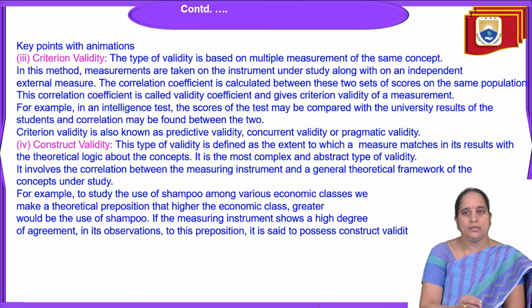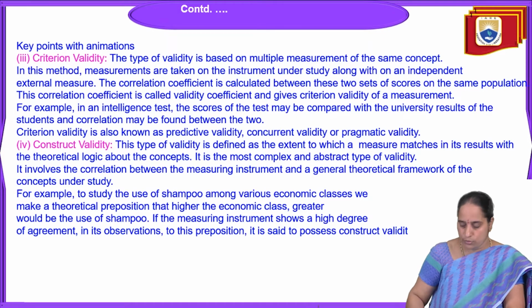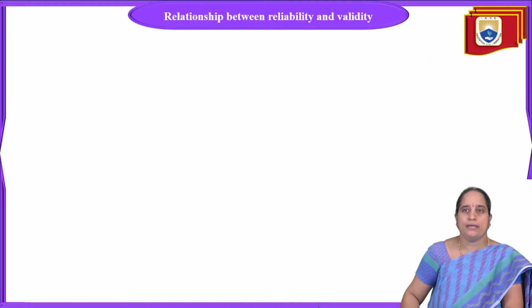If the measuring instrument shows a high degree of agreement in its observations to this proposition, it is said to possess construct validity. So whatever proposition or assumption you have taken, if the model is able to support that proposition, then that type of validity is known as construct validity.